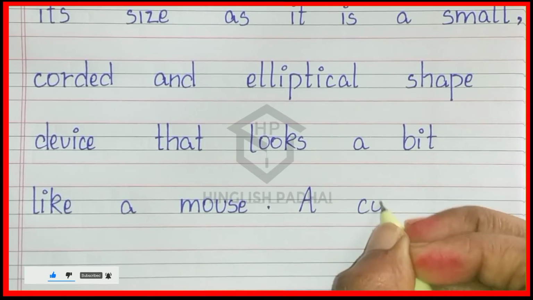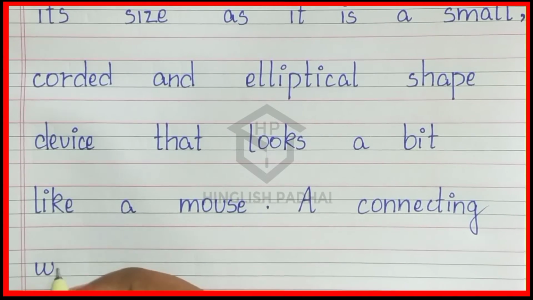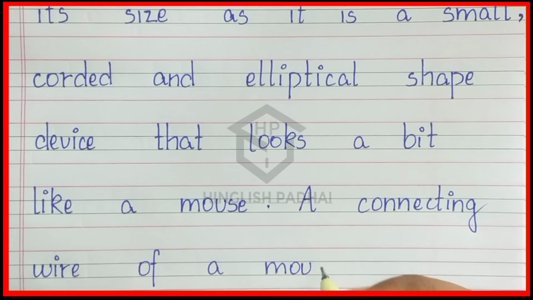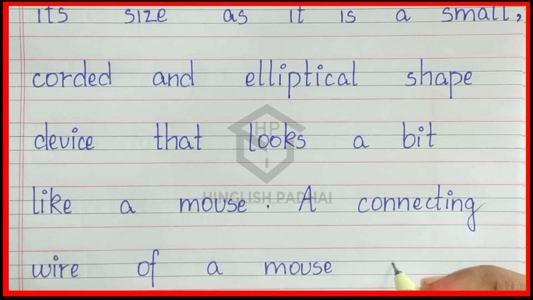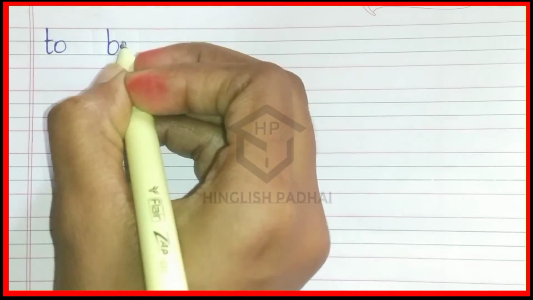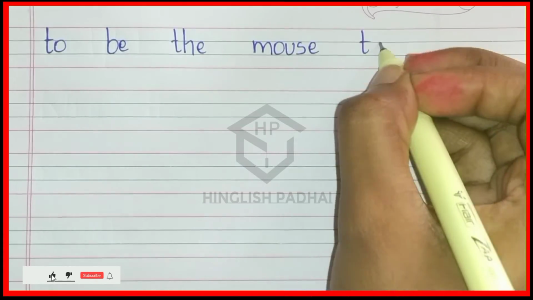A connecting wire of a mouse is said to be the mouse tail.